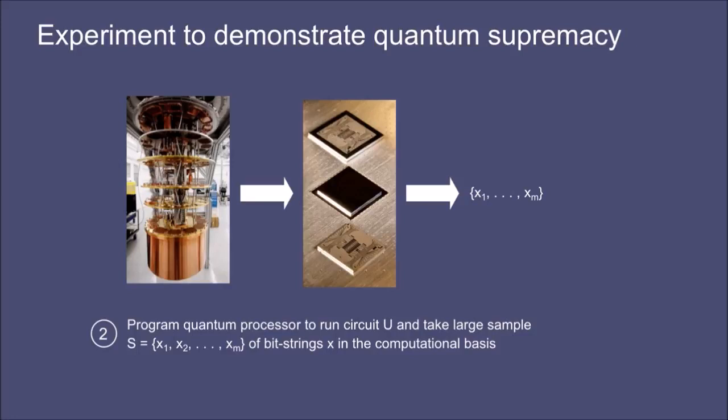They keep the chips at about 10 millikelvin. The little quantum algorithm that I showed you can be put onto the quantum chips. That's what they're made for. Then I can run this protocol and measure m bit strings, so I take m samples from this probability distribution.